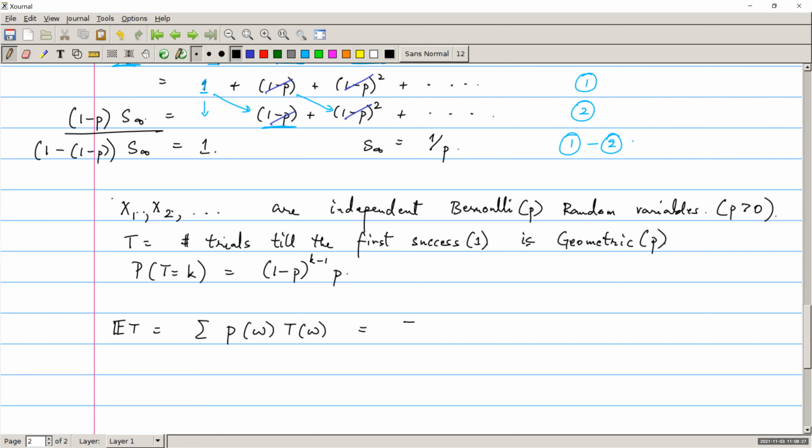No. The other way to write it is I sum over all values T can take, and I write. So what are all the values that T can take?